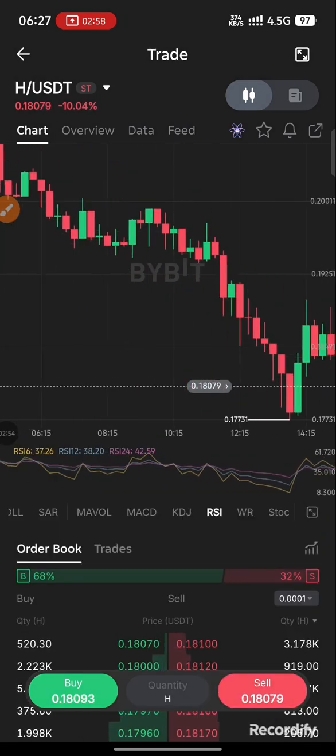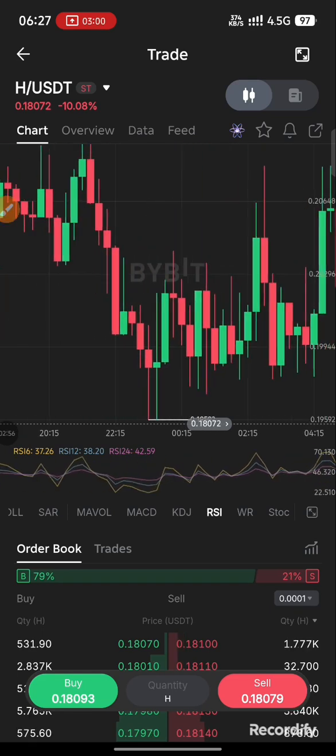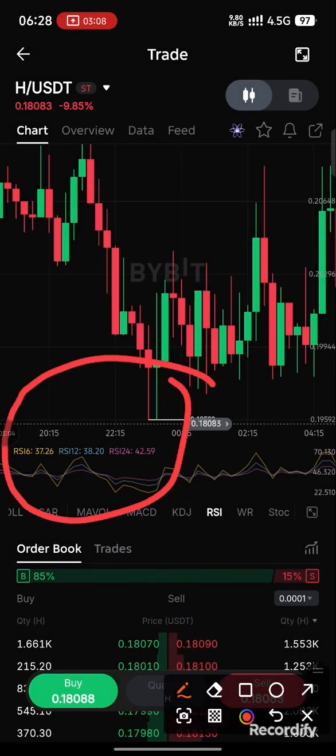This is where the RSI forms. You can see RSI 6 has 37, RSI 12 has 38, and RSI 24 has 42, respectively.